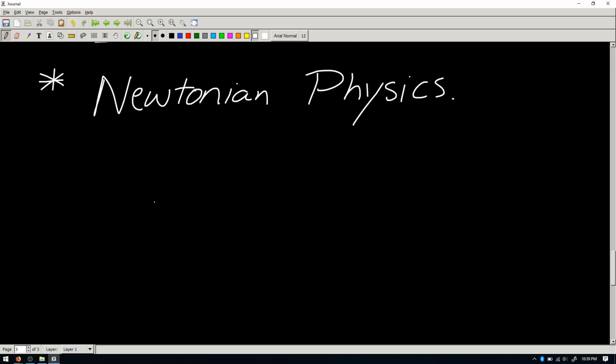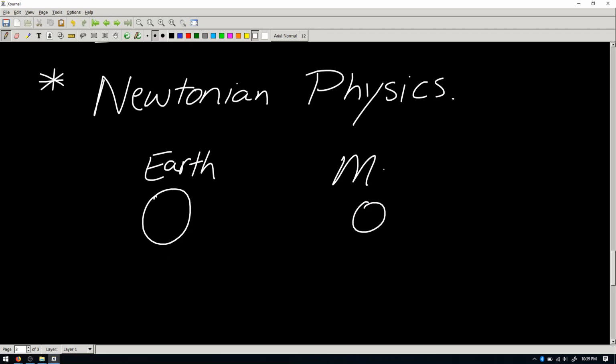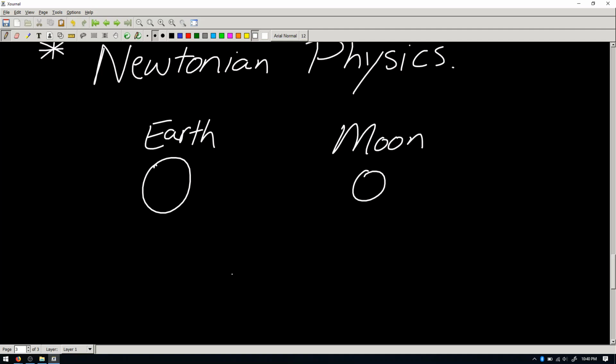If I have two objects, let's say the Earth and the moon, and I know these two objects' masses, which I do, then I can determine the amount of gravitational attraction between the two.